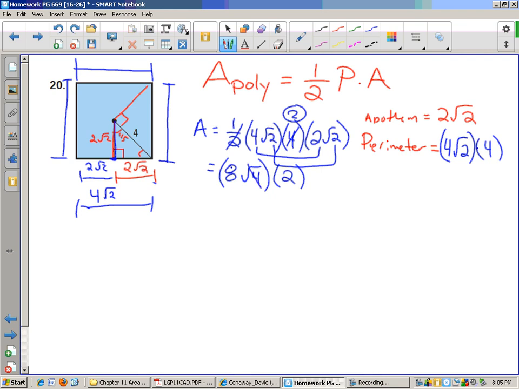The square root of 4 is 2. So this is really 8 times 2 times 2. Well, no, this wasn't a square root over here. This was just a 2. So it's 8 times 2, which is 16 times 2, which is 32 units squared.